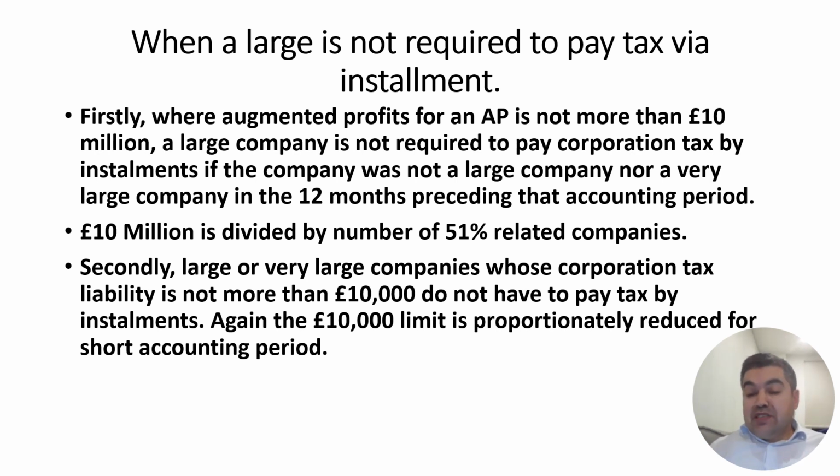So if in the previous accounting period they were not large and were not paying tax by installment, and in the current accounting period their augmented profit exceeds 1.5 million but is less than 10 million, they are not required to pay corporation tax by installment. The 10 million limit is divided by the number of 51% related companies.